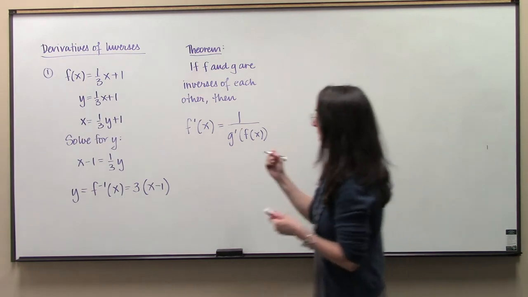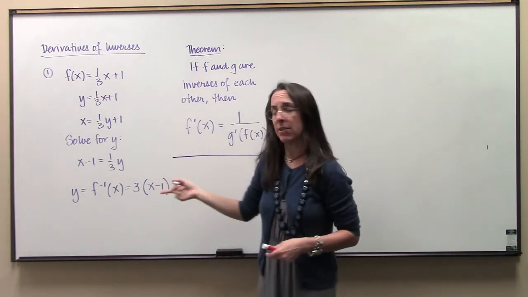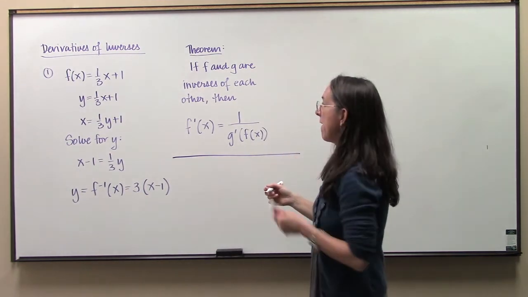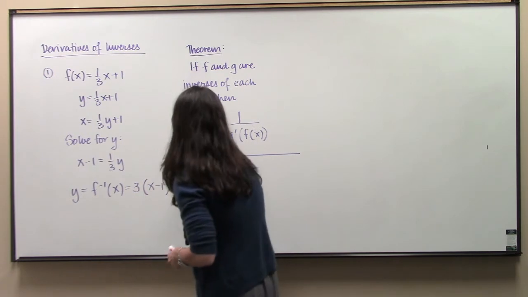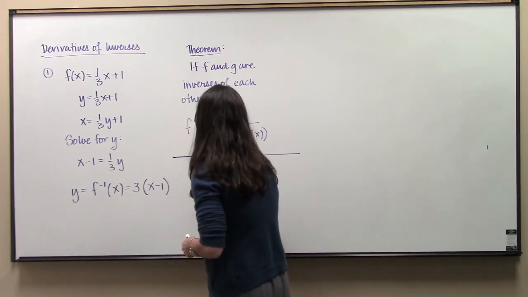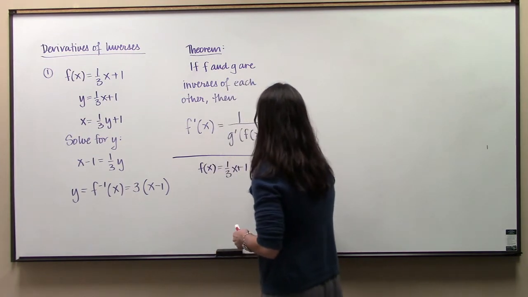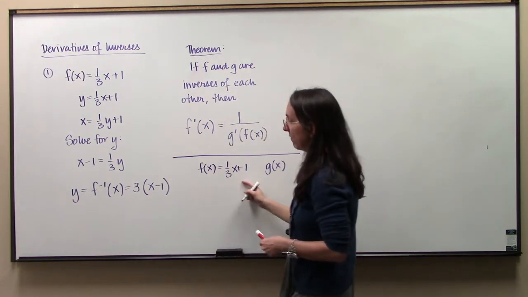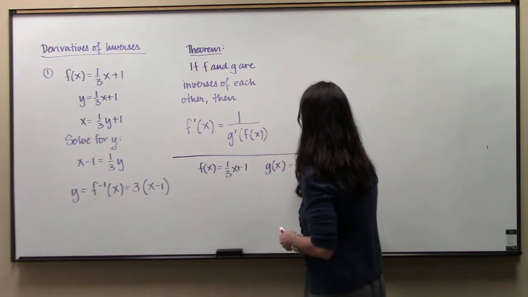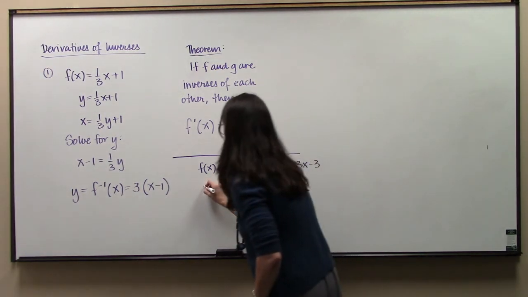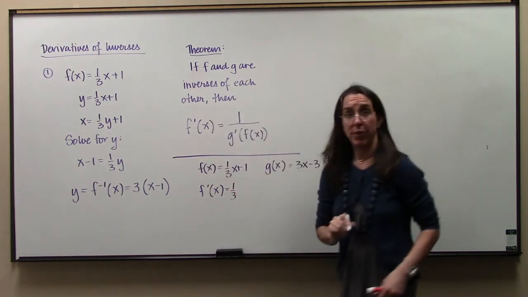Okay, so does this thing hold with our pair of lines here that we determined to be inverses of each other? So if we call this thing g, so here's f, 1/3 x plus 1, and then we determined that the inverse, and I'm going to distribute this 3, is 3x minus 3. Then f prime is just equal to 1/3, right?